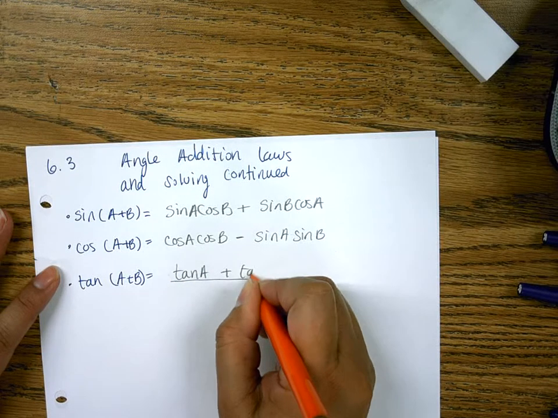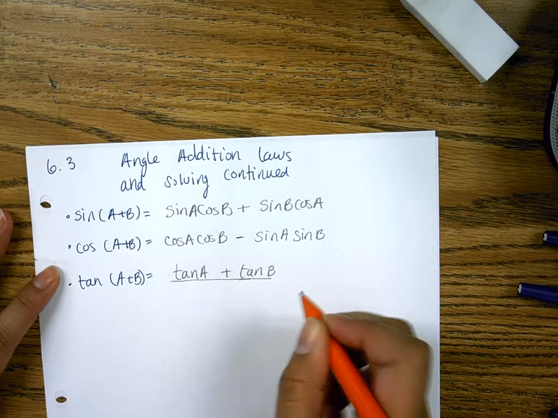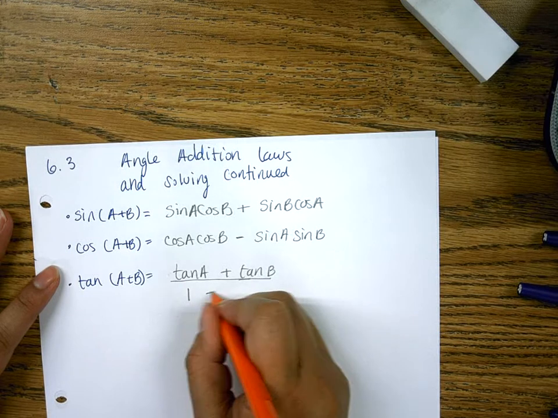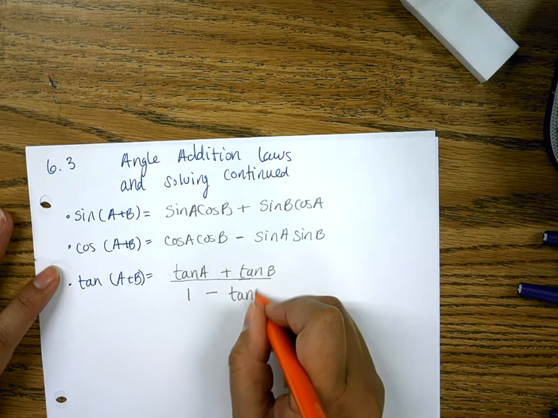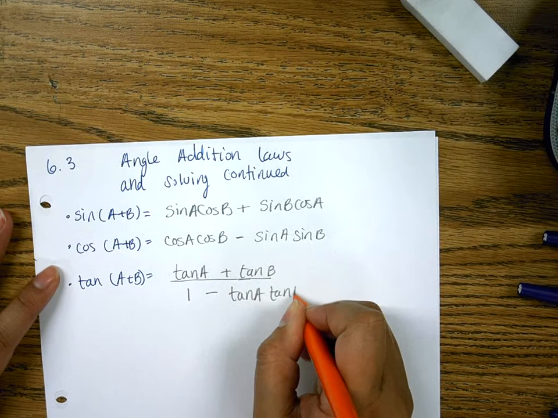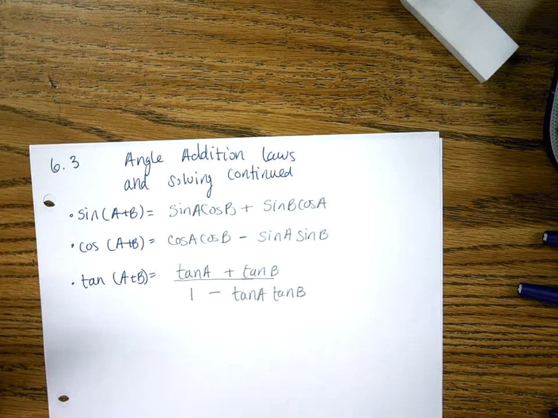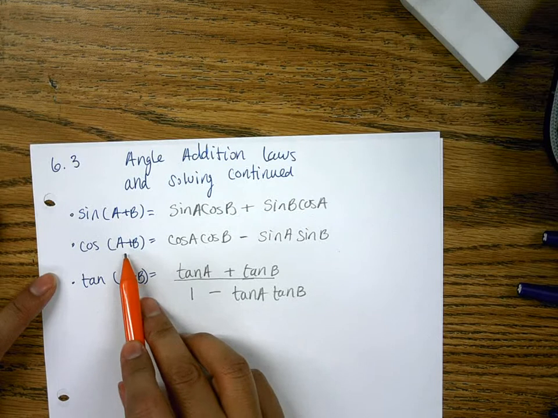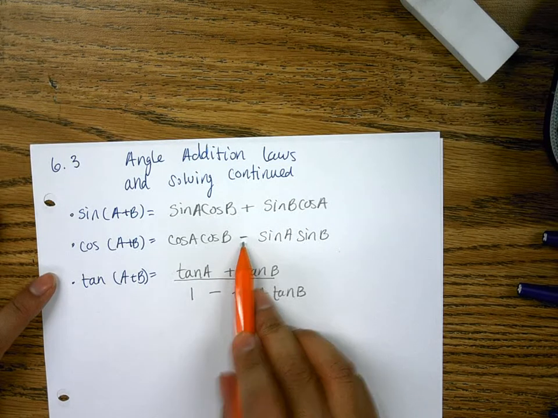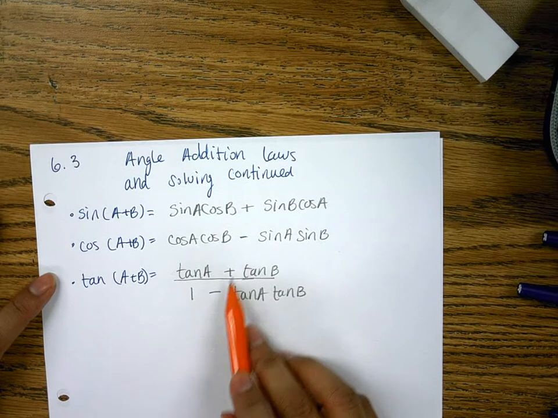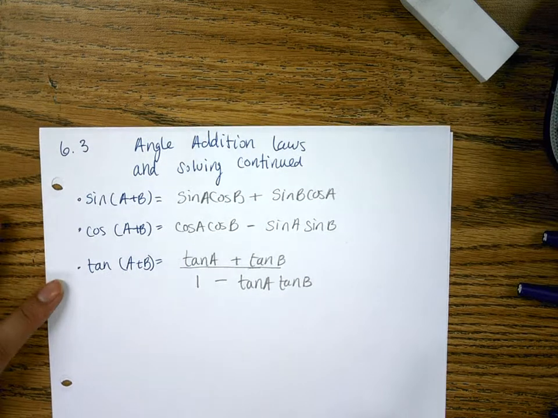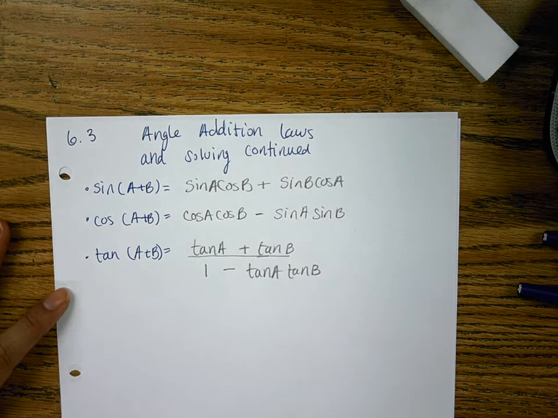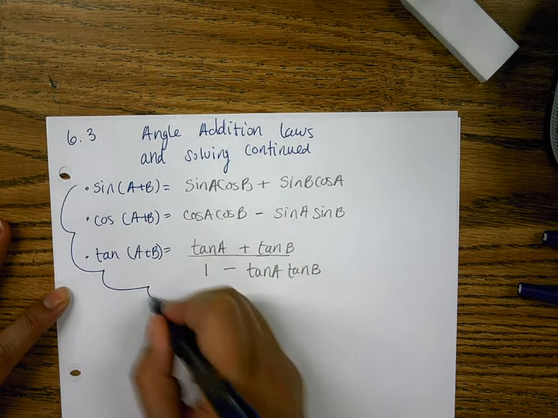So it's tan of A plus tan of B all over one opposite sign minus the product of tan of A and tan of B. I'm not going to put the minus signs in there, but if that was minus, this would be minus. If that was minus, this would be plus. And if that was minus, then it would be minus plus.